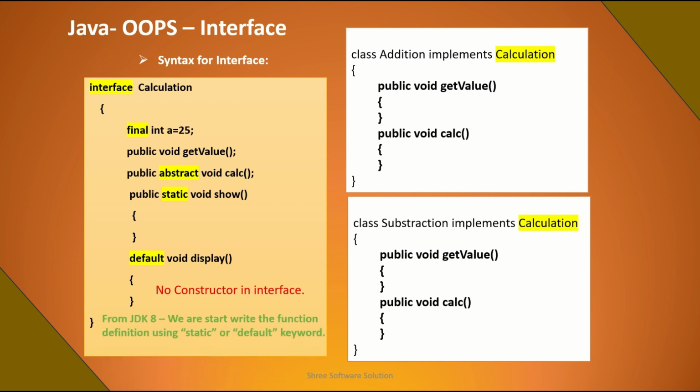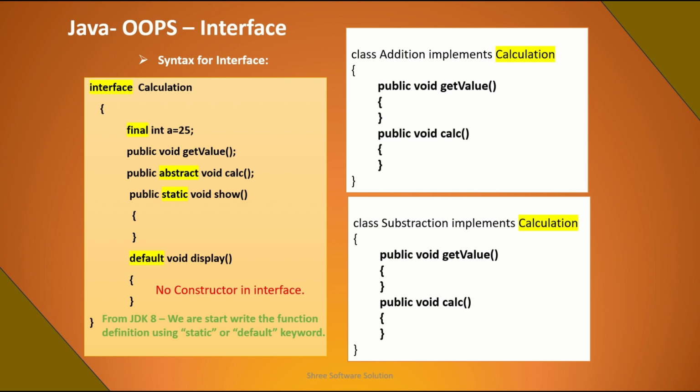And from JDK 8 we can write the function definition using static or default keyword. Okay, now more or less everything is the same, but no constructor. Okay, without value we are not supposed to declare the variable. Only these two changes we have while comparing interface and abstract class.